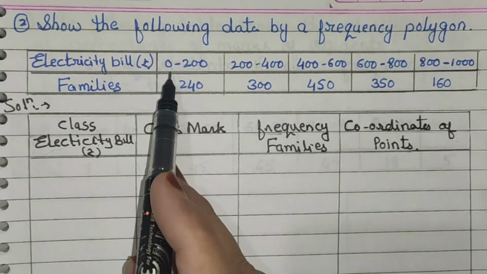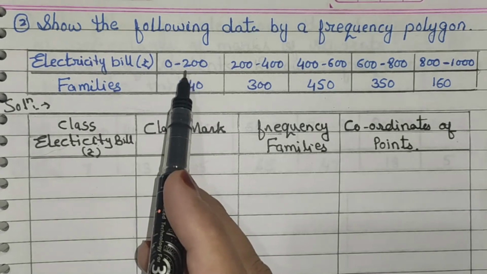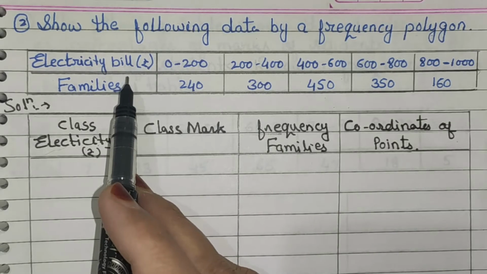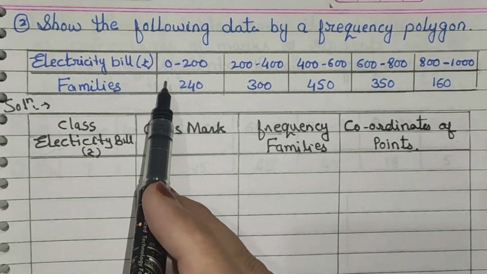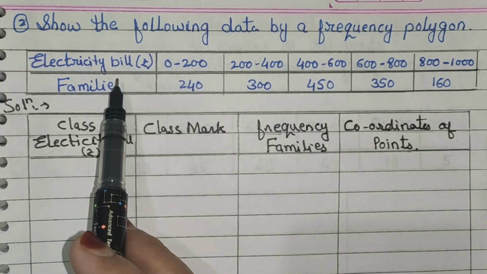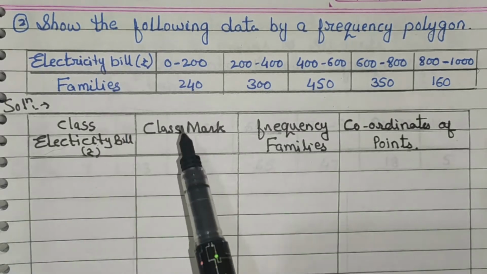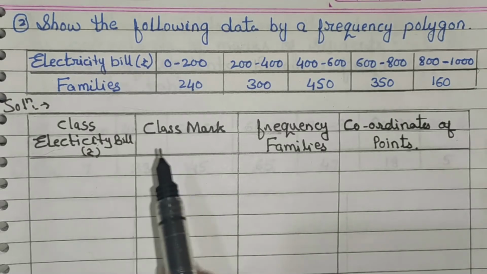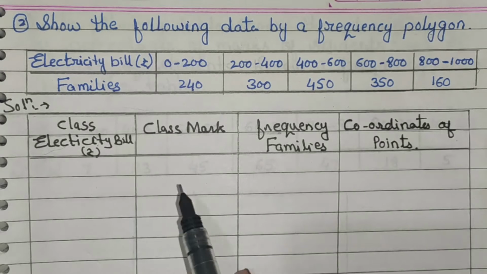Therefore, here first class is 0 to 200. Now the previous class is minus 200 to 0. But the electricity bill cannot be negative. Therefore, we can take here the class mark as 0 of the preceding class mark.